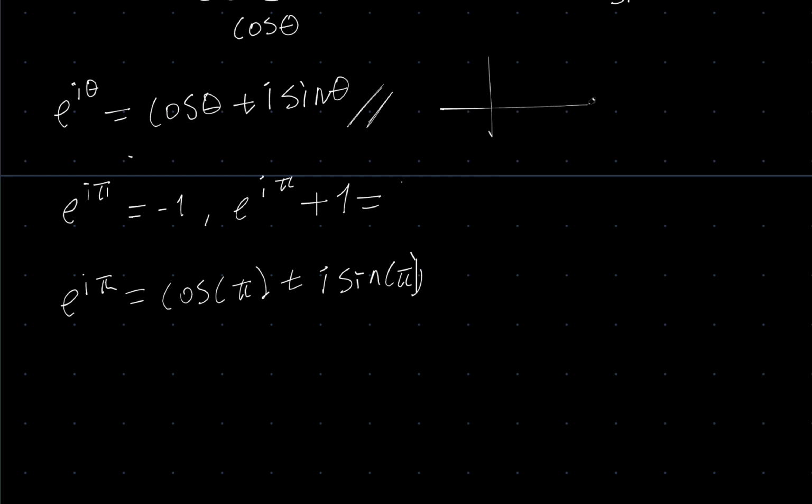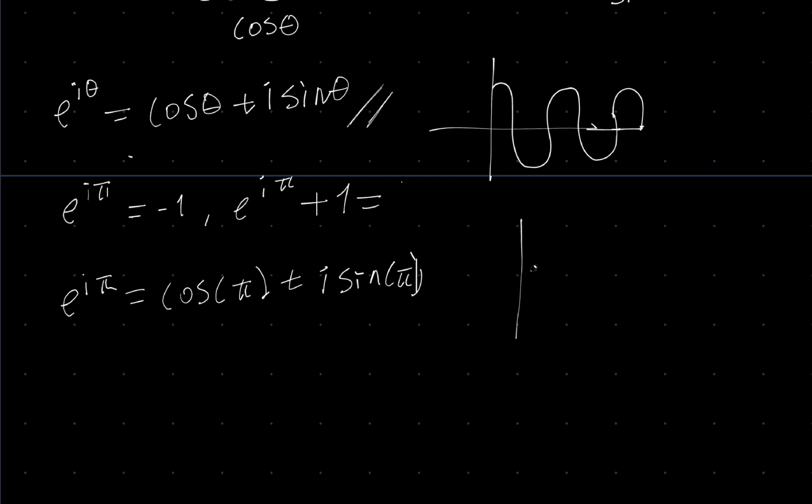Okay, let's draw the graphs of this. This will be for cosine, and I'm so bad at drawing. Okay, it goes like that. And this is for sine. So that is 0, and that is pi over 2 actually. And there is the pi, and that is equal to minus 1.